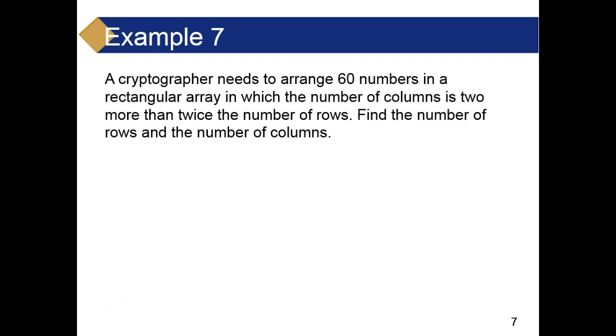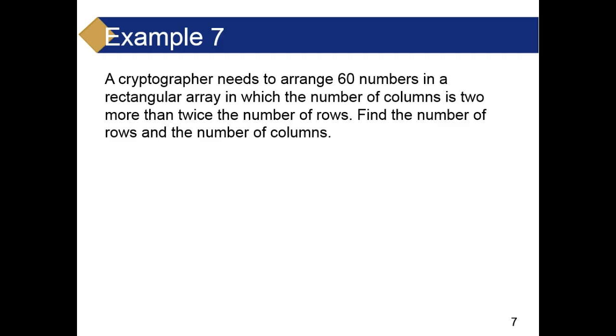A cryptographer needs to arrange 60 numbers in a rectangular array in which the number of columns is 2 more than twice the number of rows. Find the number of rows and the number of columns. So you've got 60 numbers.